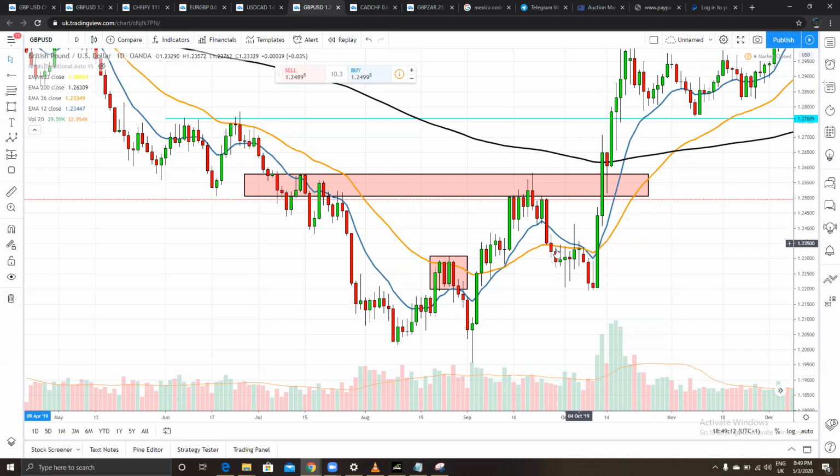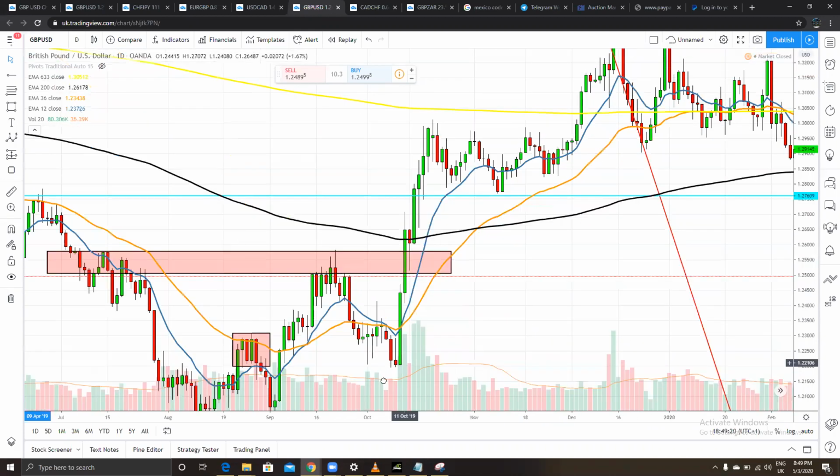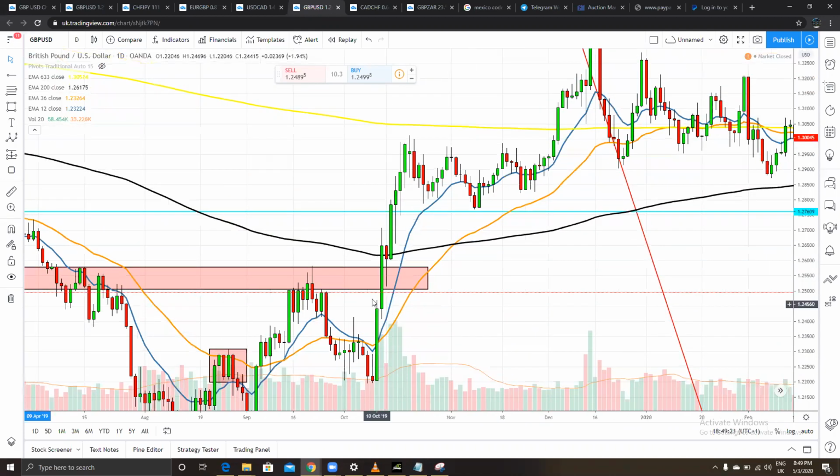In this scenario, when you see that too sharp cross and it is backed up with a big candle like that, you know that is a temporary direction change, and then we start to have a widening gap between 12 EMA and 36. That shows you the strength of the buyer still remains in the market.